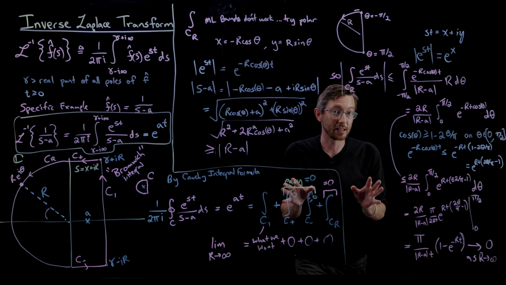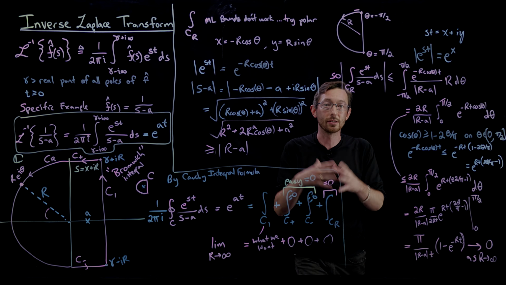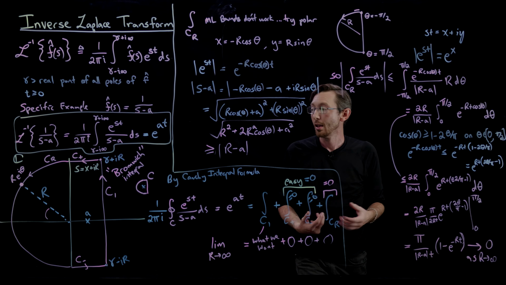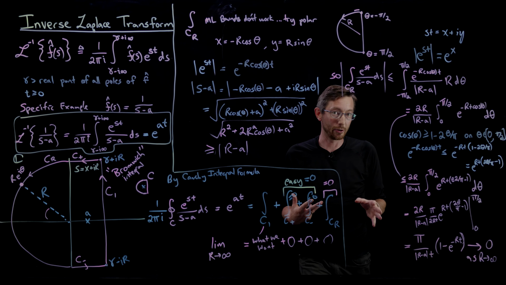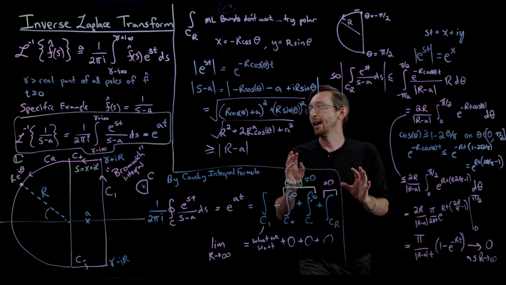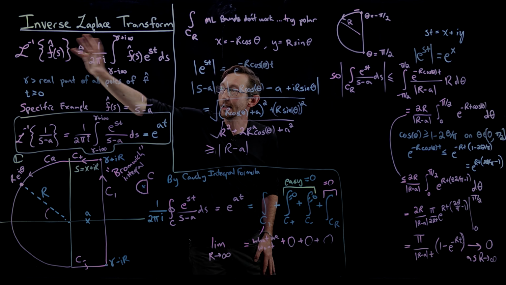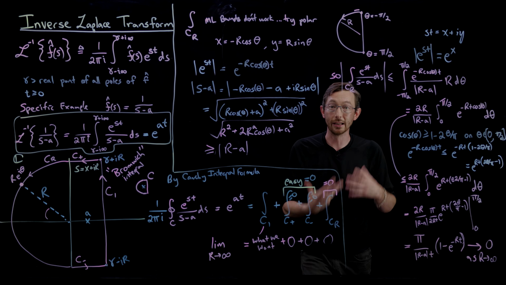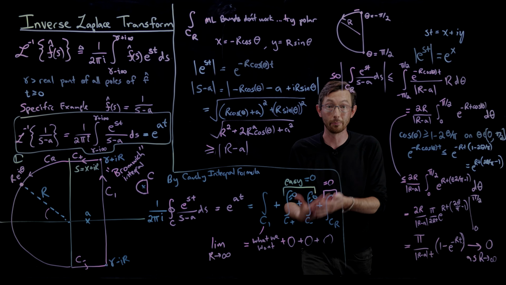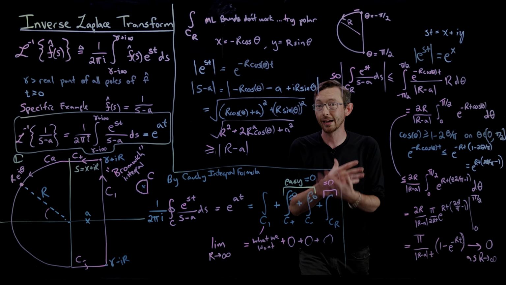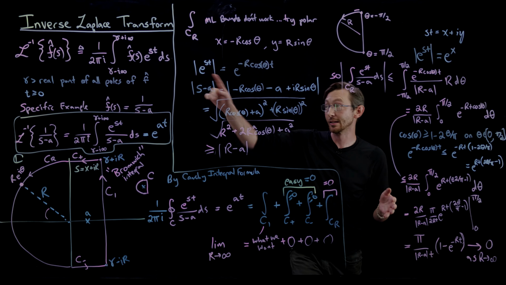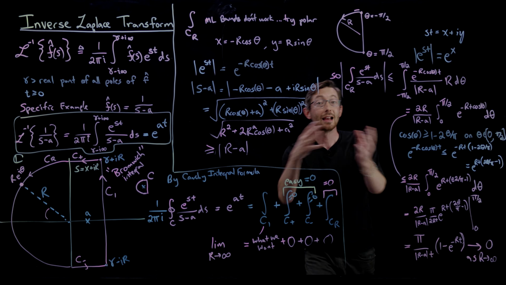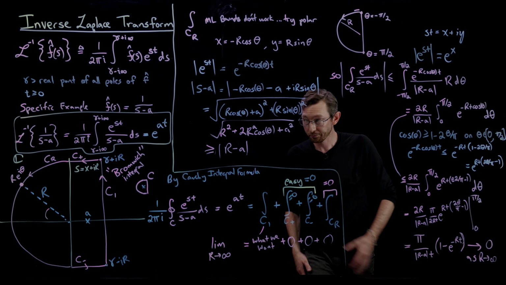Okay, good. So that was the tough part. Now I am going to summarize everything. The big summary is that I'm trying to solve this inverse Laplace transform integral, because it's super useful in differential equations, both ordinary and partial, in control theory, and in tons of other fields of engineering, to be able to Laplace transform and inverse Laplace transform.